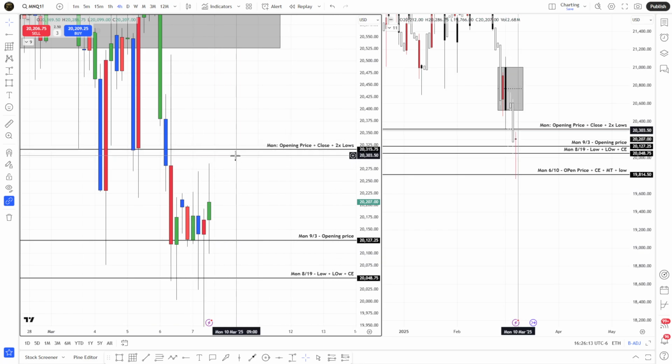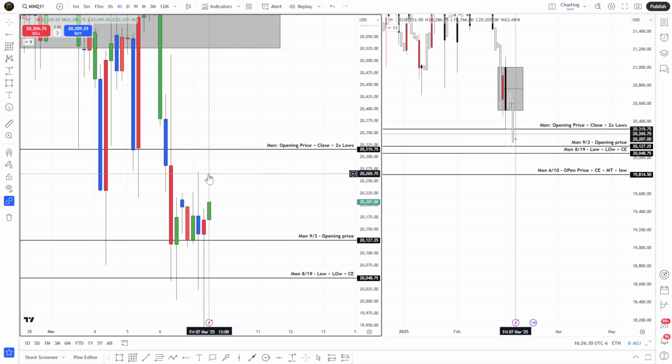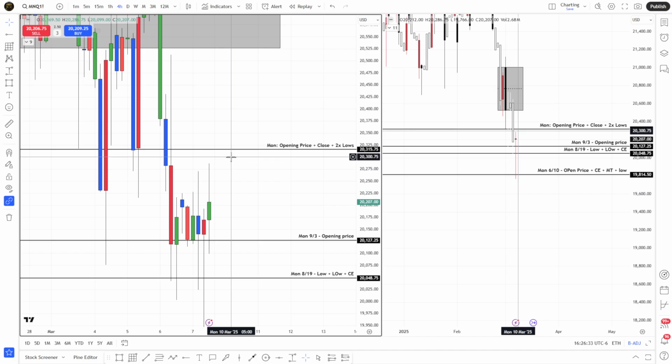And so I would want to see possibly either the 5 p.m. or the 9 p.m. candle come up in here and reject this. If we kind of get a 5 p.m. that comes down again, and then 9 p.m. comes up, and then we get a 1 a.m. candle run this high, we do have a 1 o'clock low that sits right here, so that would also be confluence.